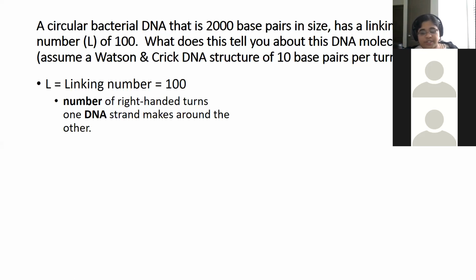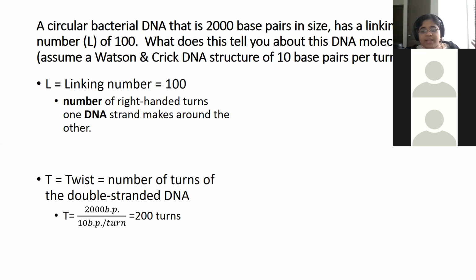So that's 100 of them. Then we have twist, which is the number of turns the double-stranded DNA has itself, okay? So in this case, it would be 2,000 base pairs divided by 10 base pairs per turn. That gives you 200 turns for the double-stranded DNA, right? Does this make sense so far?